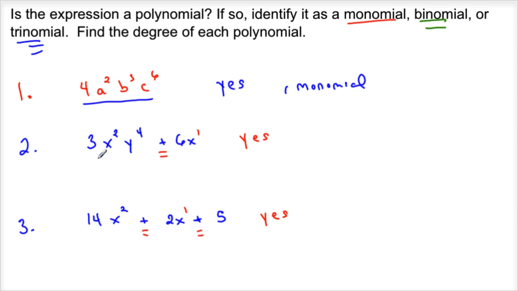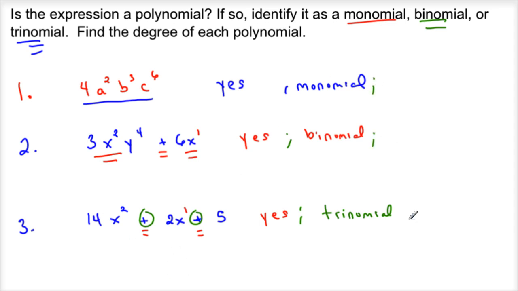In the second case, we have two terms, 3x squared y to the fourth plus 6x. This is a binomial. And lastly, we have 14x squared plus 2x plus 5, separated by two addition signs or subtraction signs, could be either one. This becomes a trinomial. And again, one term, two terms, three terms.